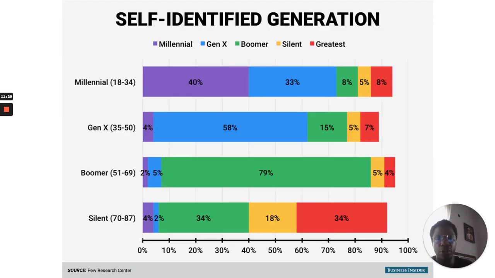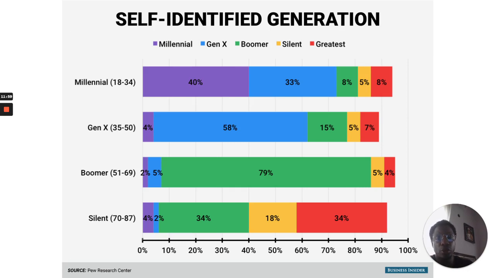And even though the millennials, for example, are between 18 to 34 years old, just like we have today where people identify as he, she, they, they are supposed to naturally be called millennials. But you do have some millennials, that means people that are between 18 to 34, who do not identify as millennials. So not all millennials think like millennials, right? This was research done by Pew.